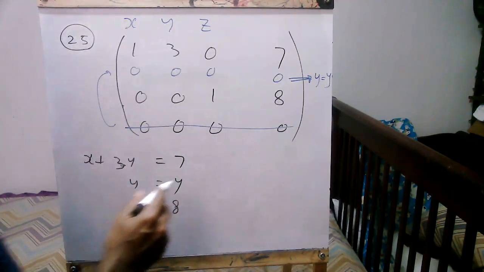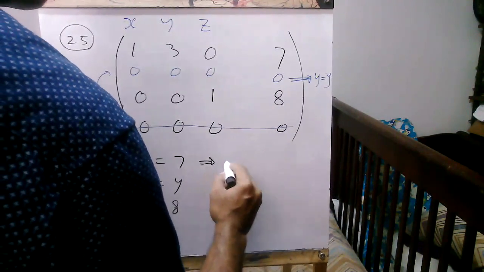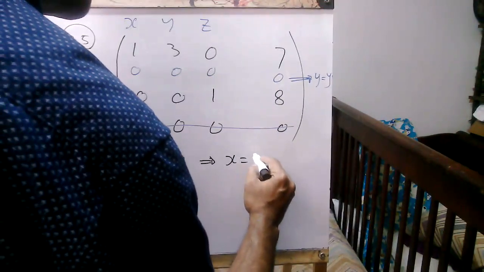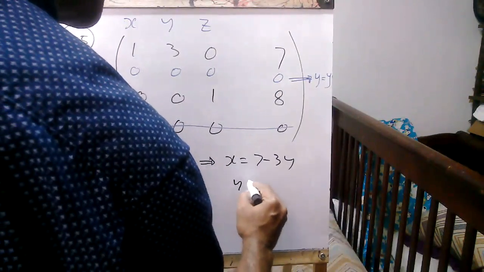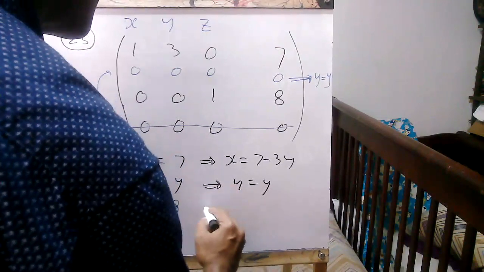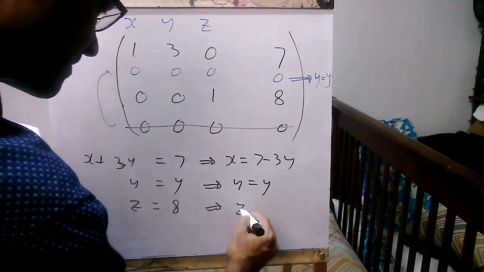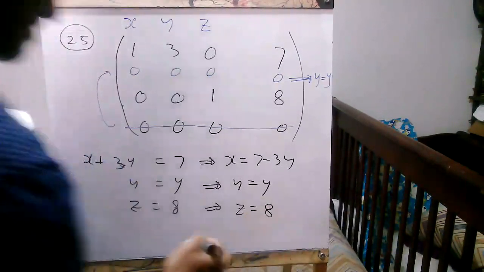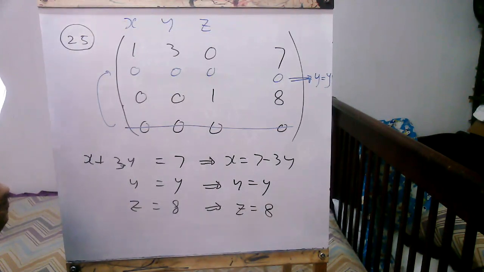With this, we get x equal to 7 minus 3y. This one, y equal to y. These two I'm not changing, I'm just writing z equal to 8. In the first one, I move the 3y to the other side.